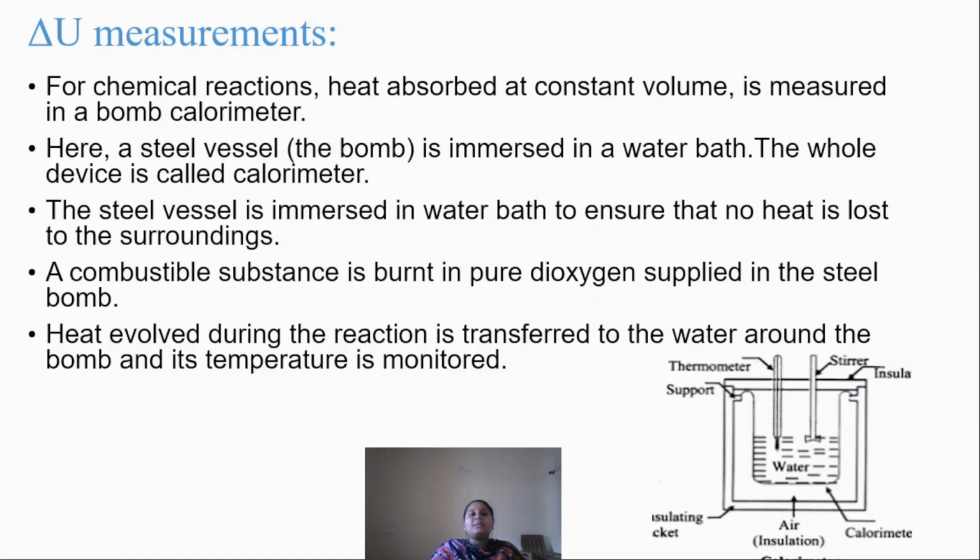A combustible substance is burnt in pure dioxygen supplied in the steel bomb, and the heat evolved during the reaction is transferred to the water around the bomb and its temperature is monitored. This is the bomb calorimeter.